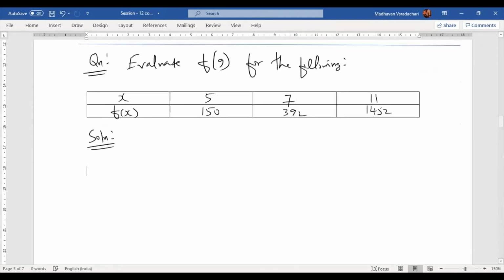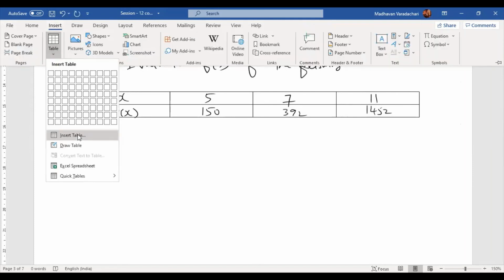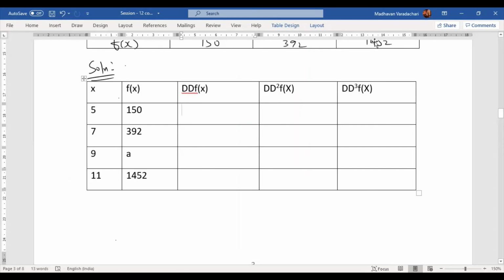Here I will create one table, the transpose of this. First one: 392 minus 150 divided by 7 minus 5. So 392 minus 150 divided by 2 is 121.